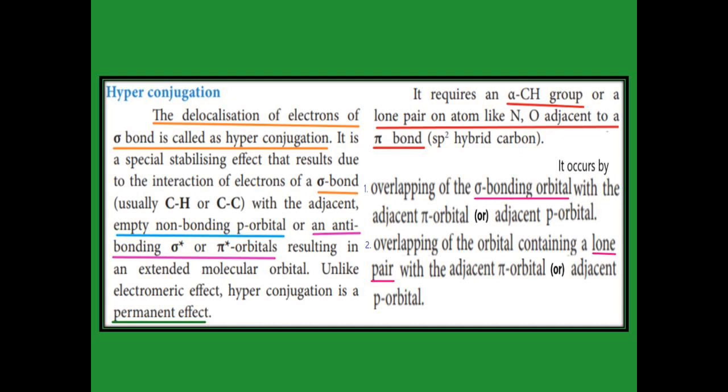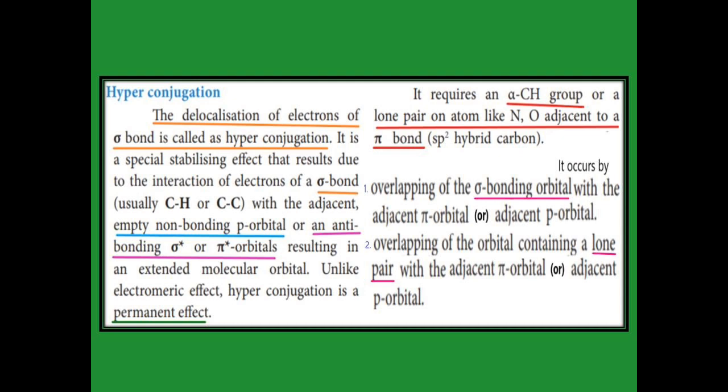Hyperconjugation is the delocalization of electrons present in a sigma bond. Usually only pi electrons show delocalization. Here the sigma bond electrons undergo delocalization, and that is called hyperconjugation. For example, a carbon-hydrogen single bond is a sigma bond, and a carbon-carbon single bond is also a sigma bond.